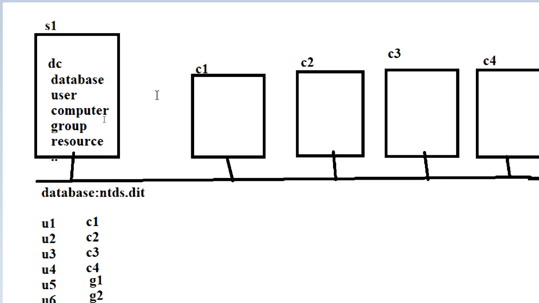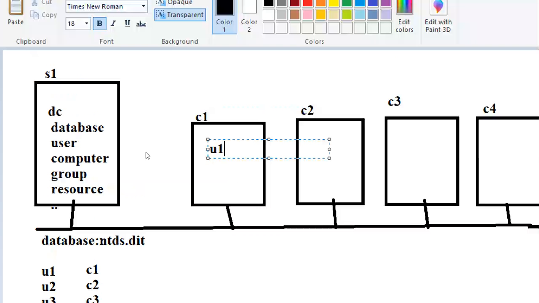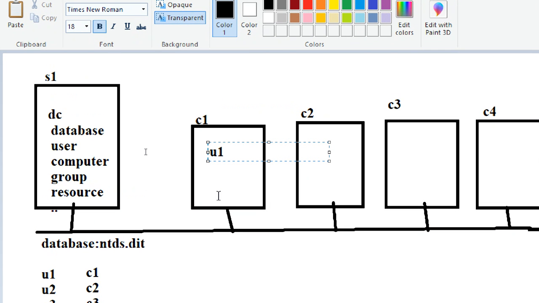Okay, so what will happen here? Now in this situation, user 1 is trying to log into C1. What happens? Did I create a user 1 in C1? I didn't, right? In the earlier example I created a user 1 in C1.